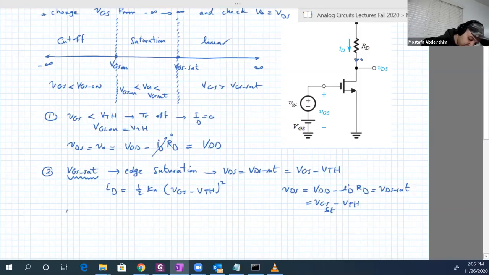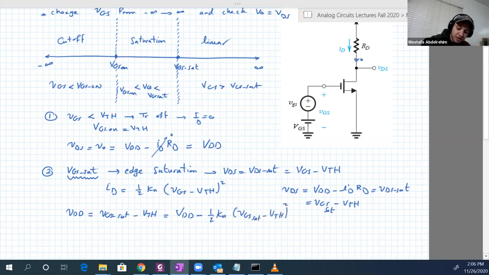Good. So VDD, which is VGS set minus V threshold, equals VDD minus ID, which is half Kn times VGS set minus V threshold squared, times RD.